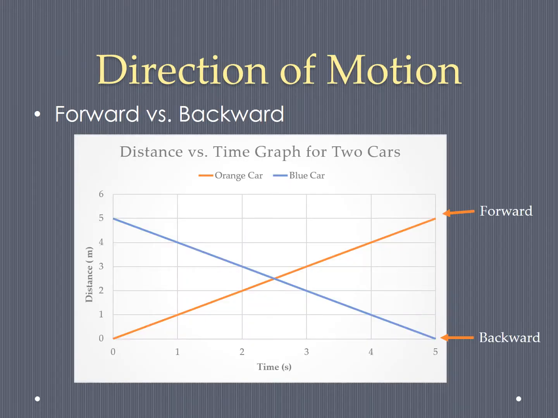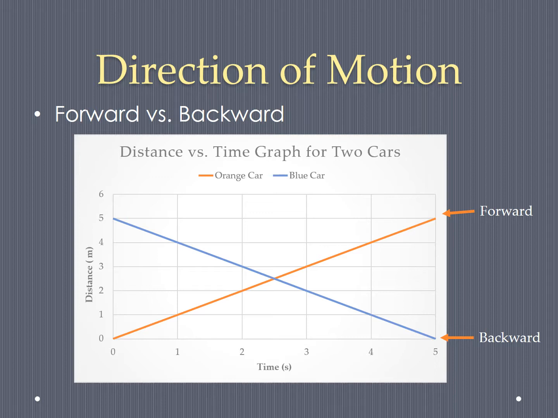So let's start by figuring out how we can use the trend line to determine the direction an object is moving. Let's start with the orange car that's represented by the orange line. If you look at the lower left-hand corner of the graph, you'll see that the orange car's position starts out at a distance of 0 at time 0.